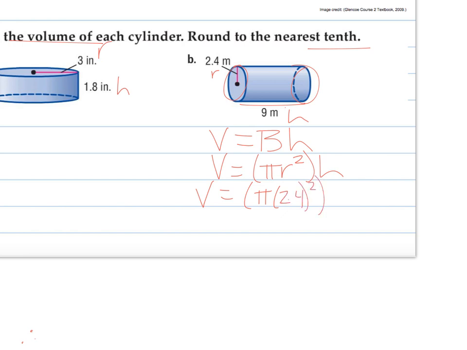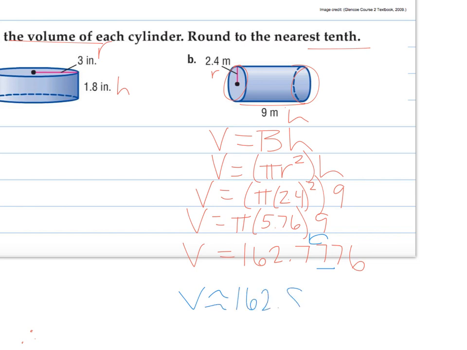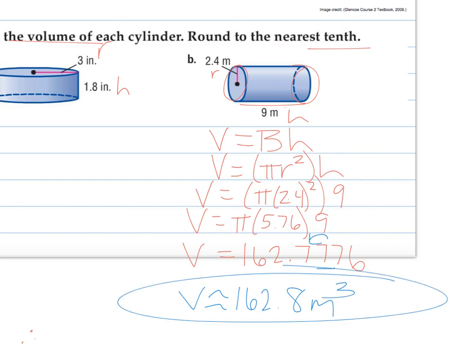Squaring that, multiplying the whole thing by the height of 9. Volume is pi times that square times 9. Multiplying that together and getting, I'm using 3.14 for pi. Rounding to the tenths. Volume is approximately 162.8 cubic meters.